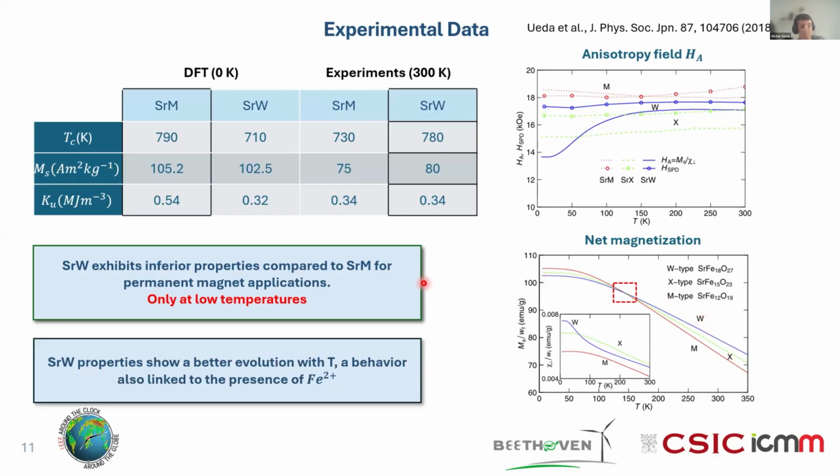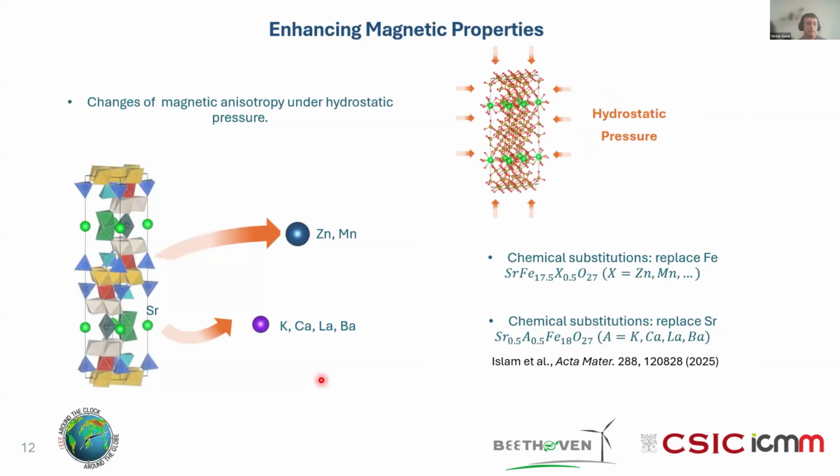So at higher temperatures, the best material is the W-type hexaferrite, and this behavior is also related to the presence of iron 2+.